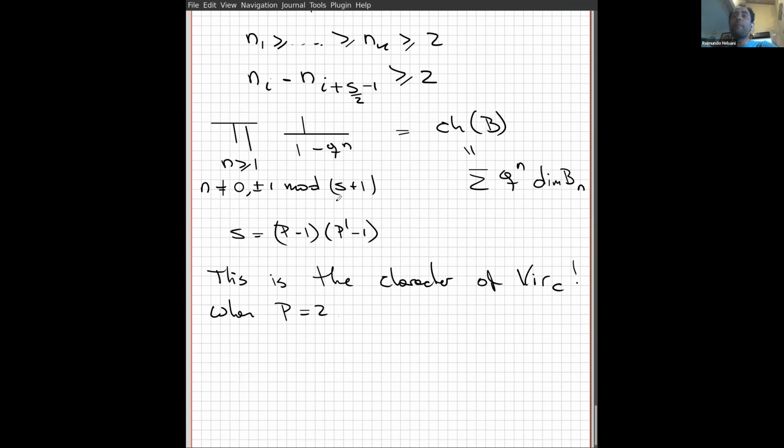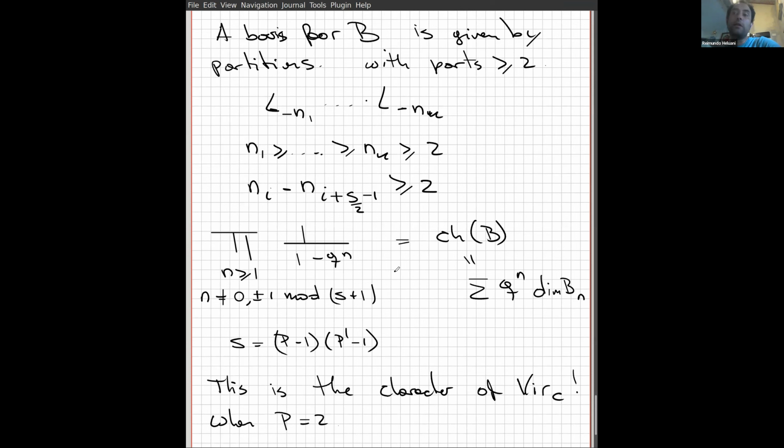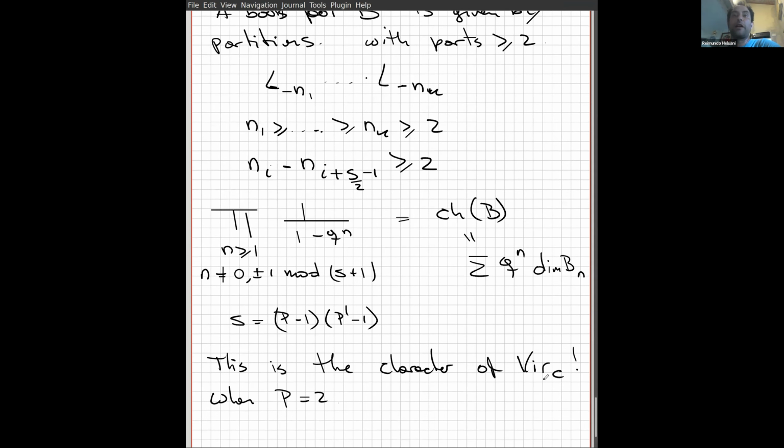And since for every number S, you can find p and p prime that give you that number, that means that this character of V is only going to be possibly equal to a character of a Virasoro when p is equal to 2. It can never be when p is different than 2, because two different Virasoro modules have different characters.